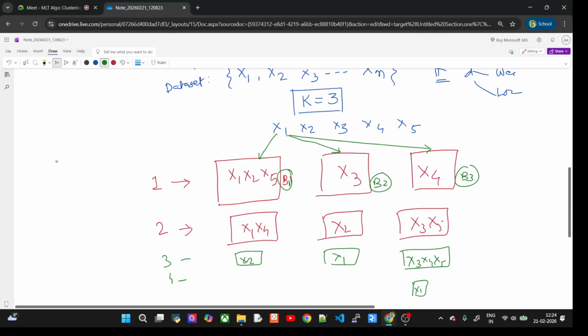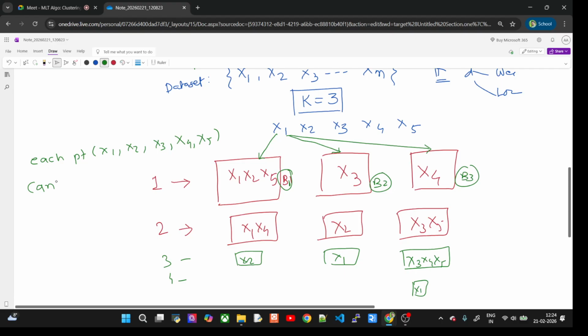So each point, x1, x2, x3, can spread, it's your choice. Yes, x1 can go into any of the 3 boxes.